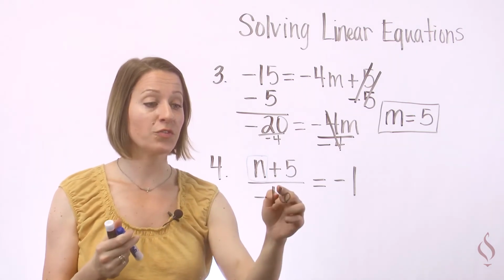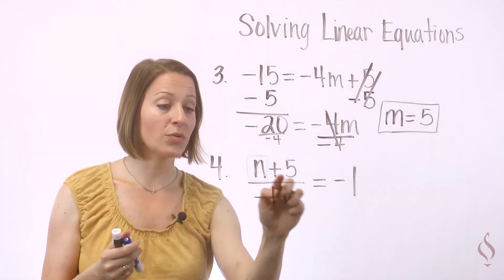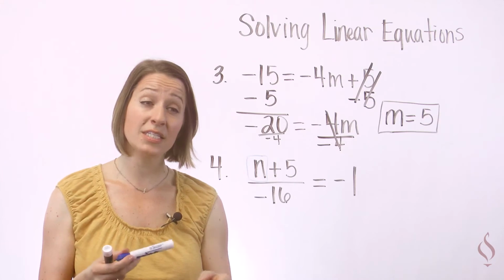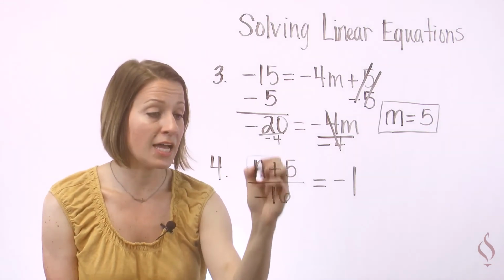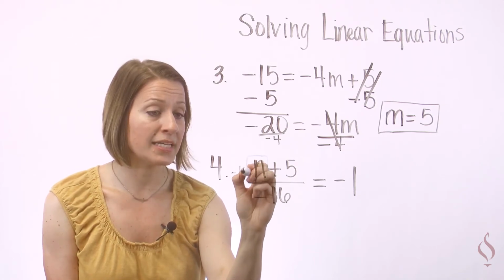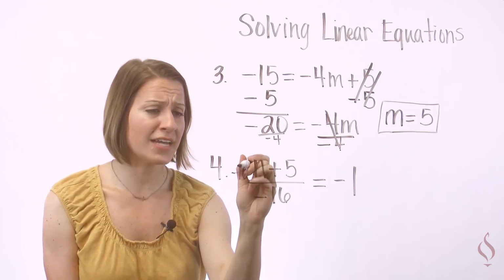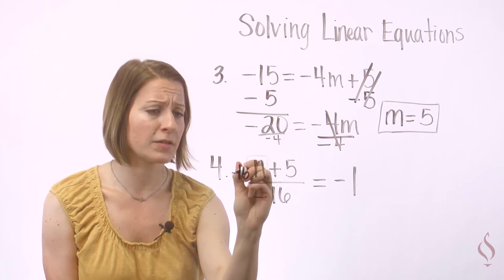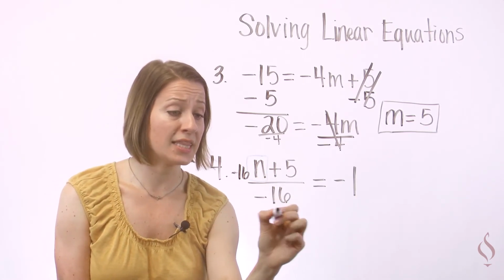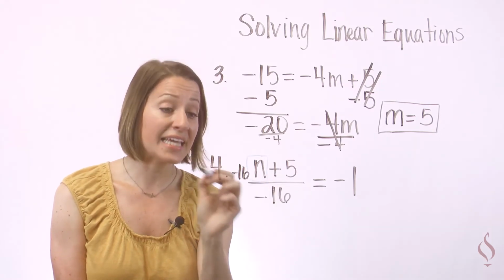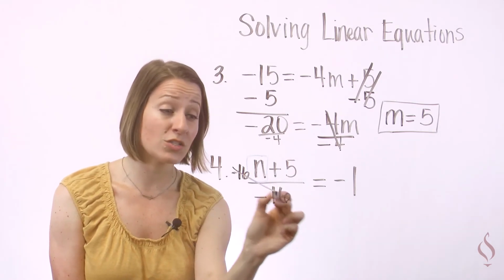So we're going to first start right here with this divide by negative 16, and we are going to multiply this entire fraction by negative 16. Now we don't even have to do that math. We can just say the multiplication by negative 16 and the divide by negative 16 cancel each other out. It simplifies to 1 whole.